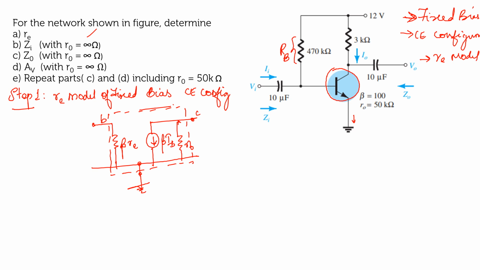Now to the network, what do you have? To the input side, across the base, you have your resistor RB. Across your output you have your resistor RC.